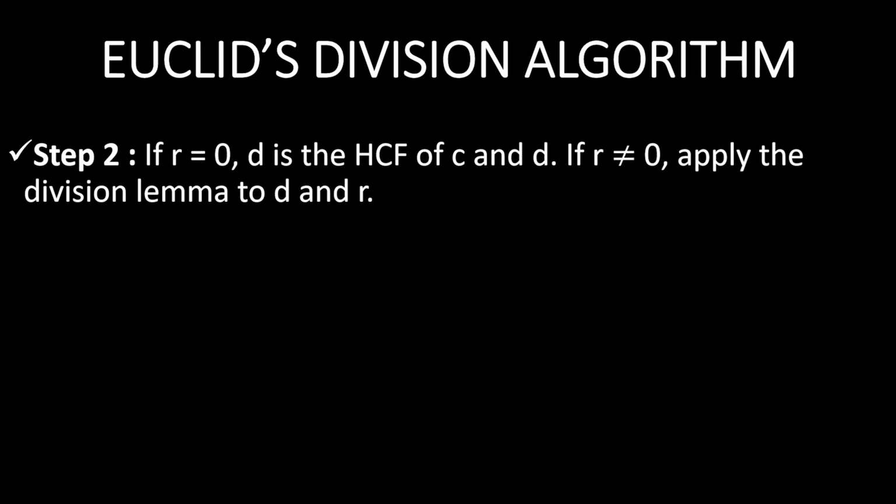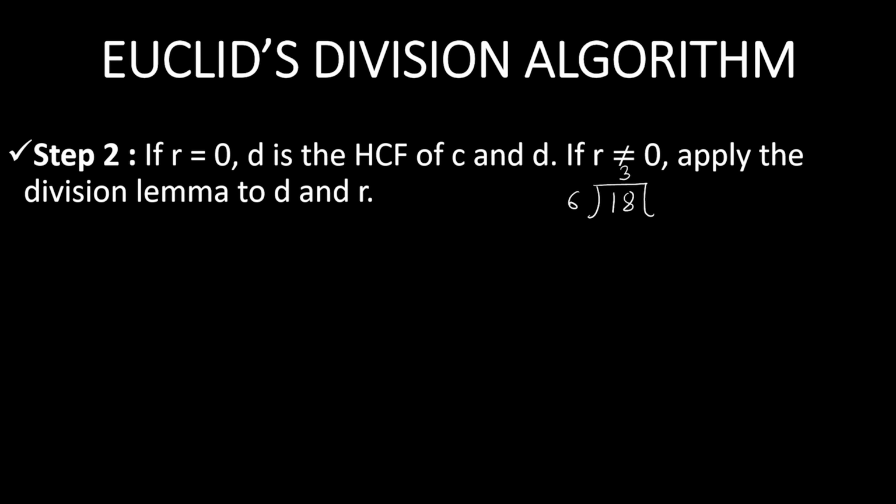So step 2 would be, if remainder is equal to 0, if R is equal to 0, D is the HCF of C and D. If remainder is not equal to 0, apply the division lemma to D and R again. Let's understand this step. So let's say you have two numbers 18 and 6. 18 is greater than 6. Let's do the division.